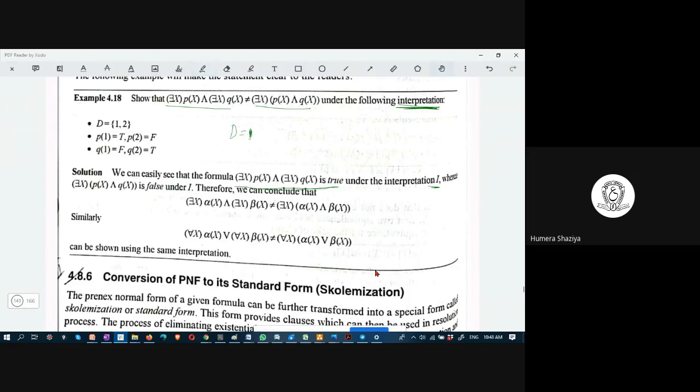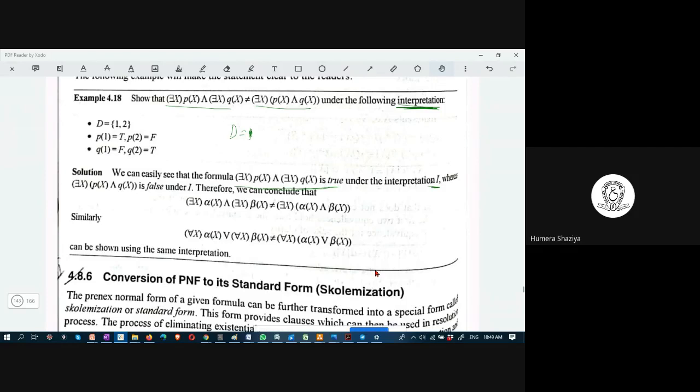When we are taking d equal to 1, x is 1. P of x is true. Q of x is false. Then how can this statement be true?